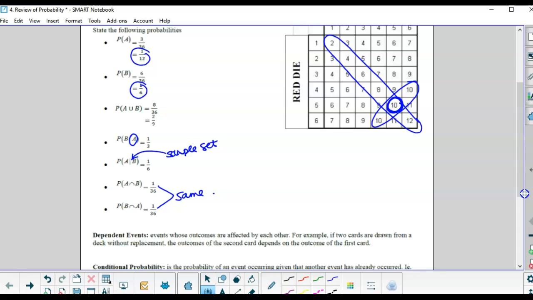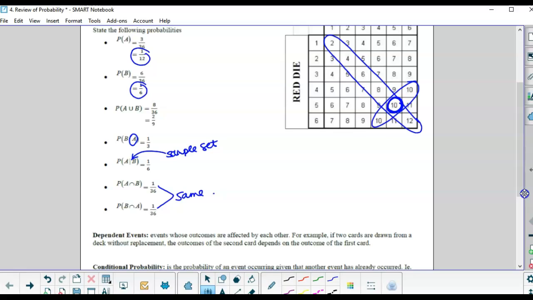So then more specifically, dependent events, as I talked about, are events whose outcomes are affected by each other. For example, if two cards are drawn from a deck without replacement, the outcome of the second card depends on the outcome of the first, because you're down one card, and then, do you still have a heart available or a 10 or whatever it is?